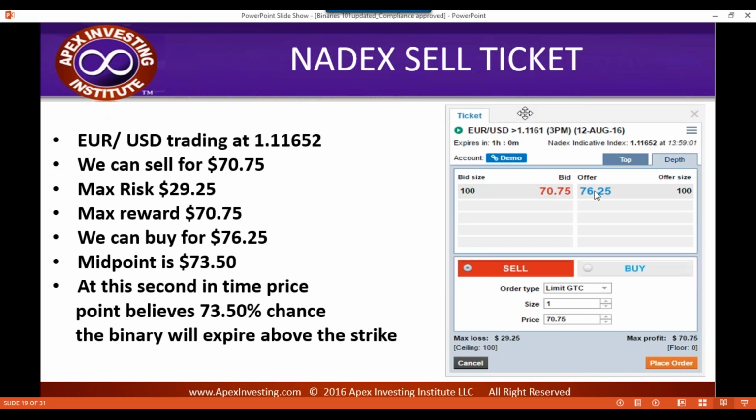If I look at the midpoint between these two, the midpoint's $73.50. So there's actually a 73% chance based on the pricing that this binary will expire above. So I'm selling against the probability, so I better have a good reason to do that if I'm selling at that price, right?